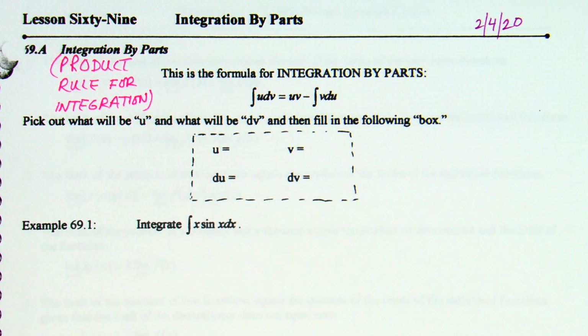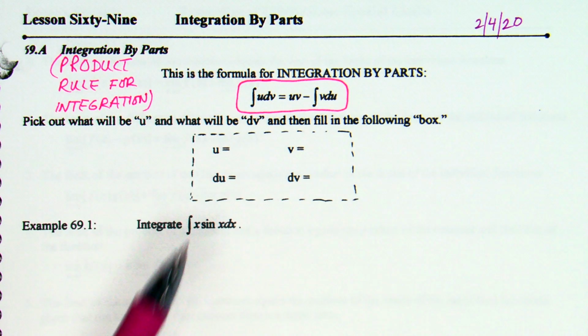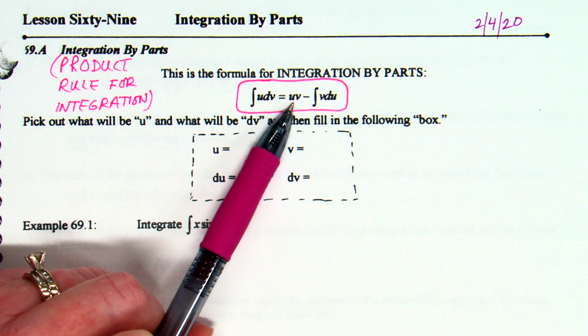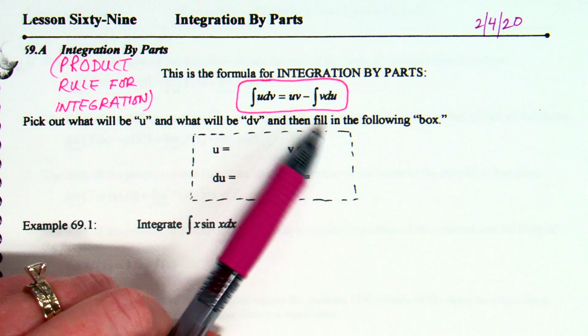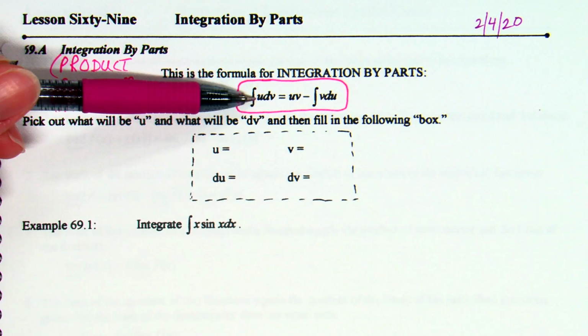So, the setup you need to know is right here. And the idea is, it's the integral of u dv is equal to uv minus the integral of v du. So, the starting piece, we will separate into u and dv, and we'll have to pick those out.